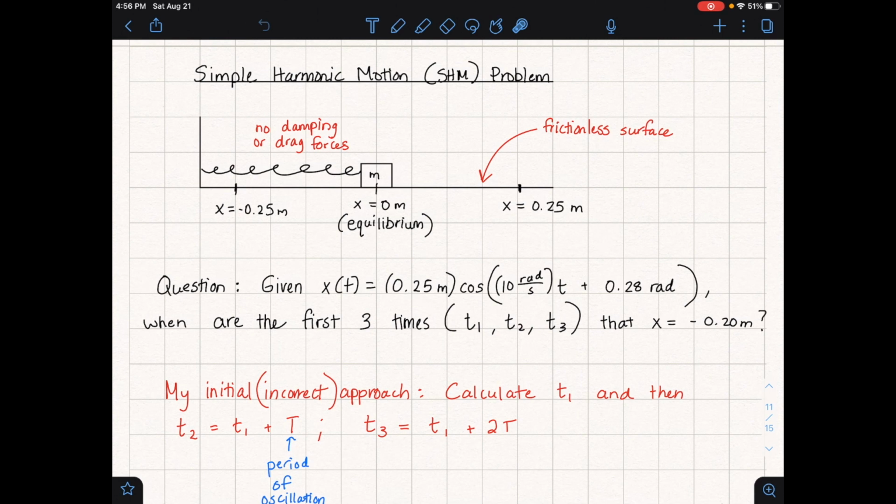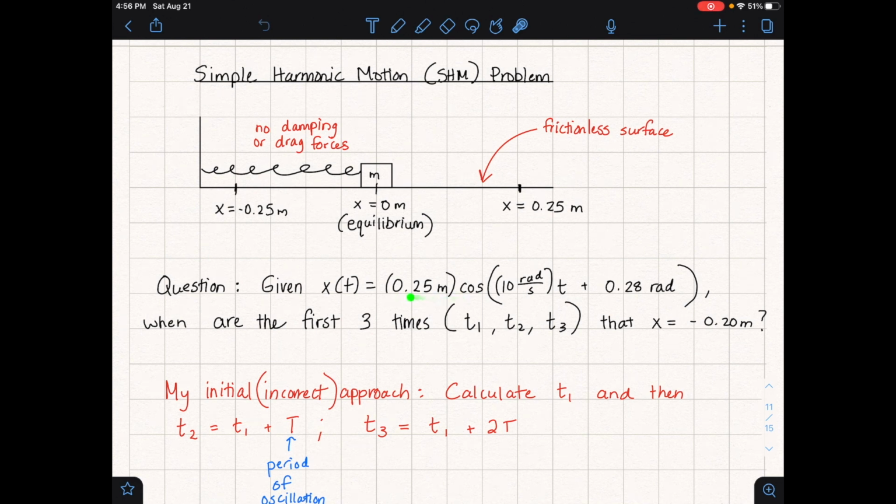Like I said before, this is a simple harmonic motion problem. It involves a mass m attached to a spring that's attached to a wall. It's on a frictionless surface, so there's no friction whatsoever, and no damping or drag forces, so there are no dissipative forces whatsoever. Part of the problem had us solving for its position equation, x of t, as a function of time.